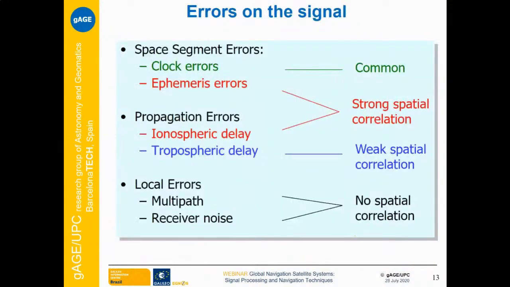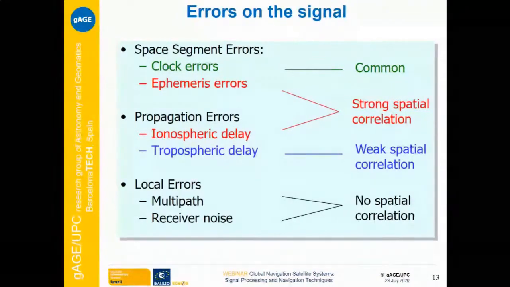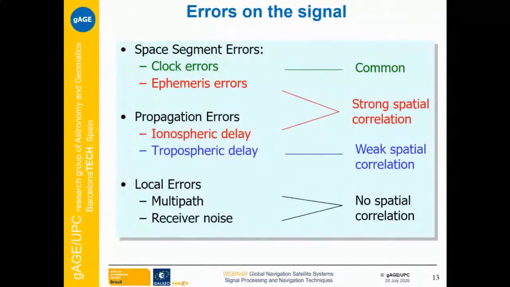In order to clarify and categorize the errors that we have seen in the signal, it is typically distinguished by the segment. We have errors generated in the space segment, which basically correspond to errors in the satellite clocks, or errors in the orbits, the satellite positions, the ephemerides errors.